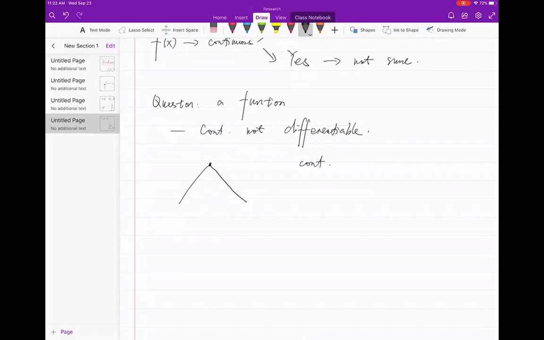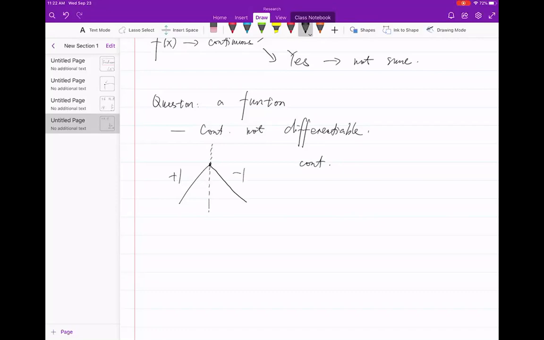Now I'm going to ask you, what's the changing rate here? On the left, if I ask you to make a guess, it's going to be increasing, maybe +1. That's my changing rate. On the right, I'm going to say it's decreasing, maybe -1.